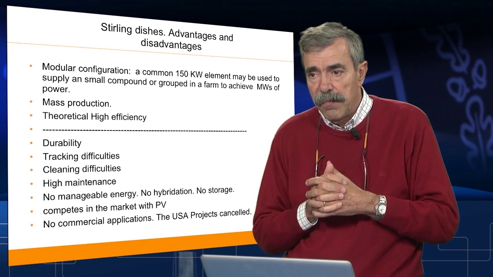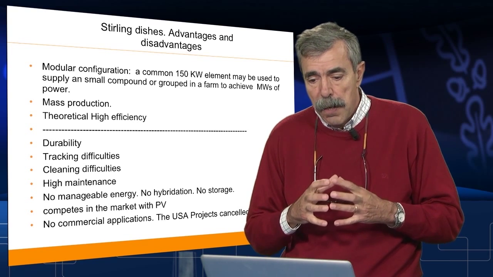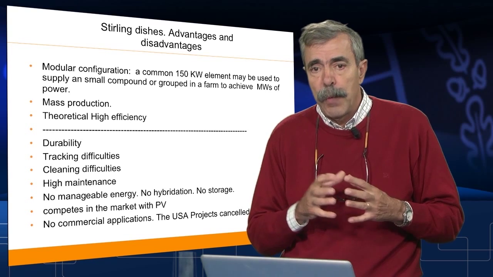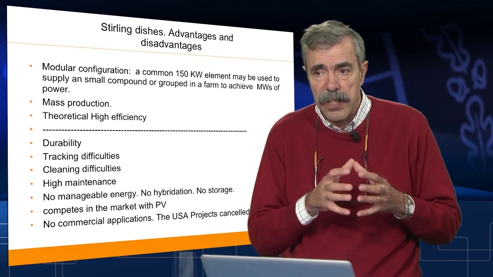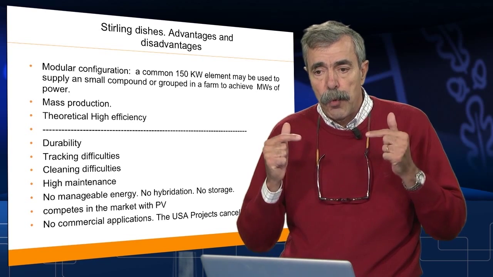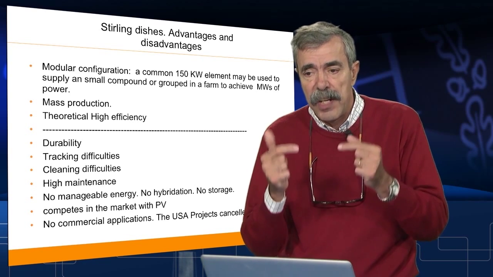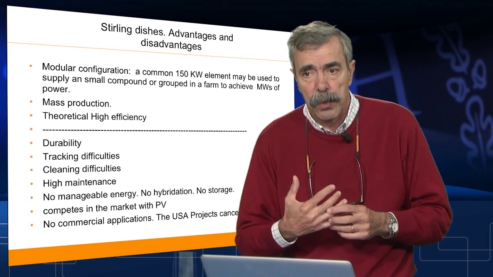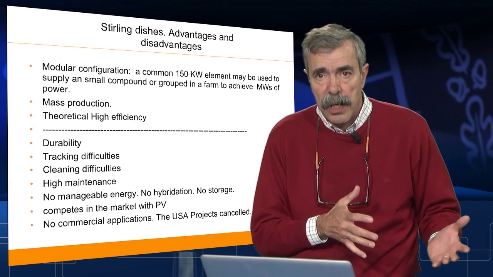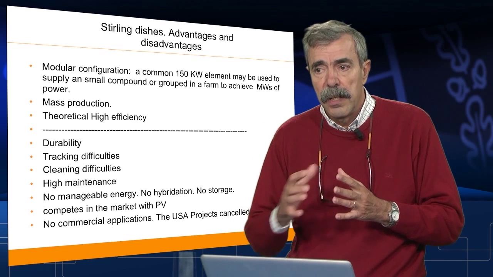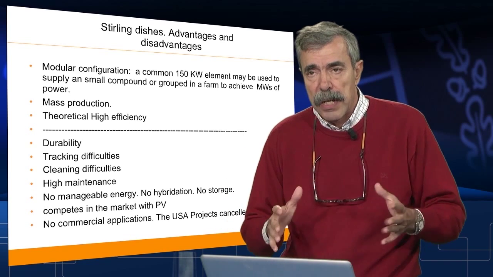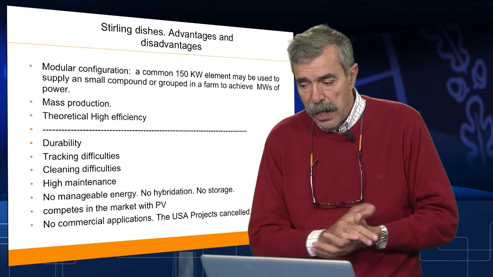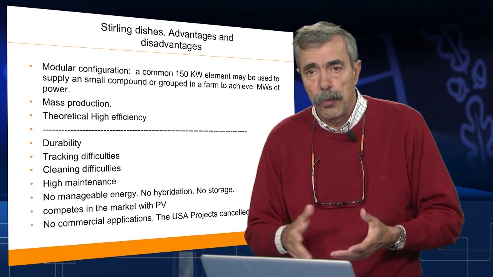This is a very good point, because by being modular, you might reach many different applications. Also, modular means that you might end up producing a huge amount of elements, which means the industrialization process could be achieved, mass production is achieved, and the prices normally will tend to go down.